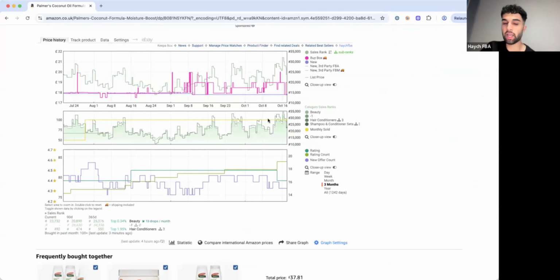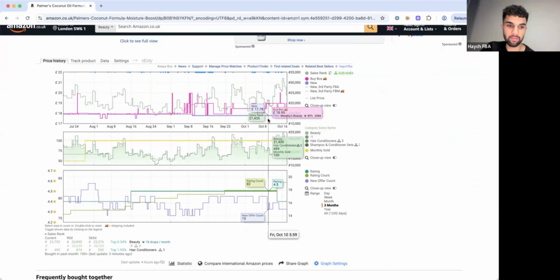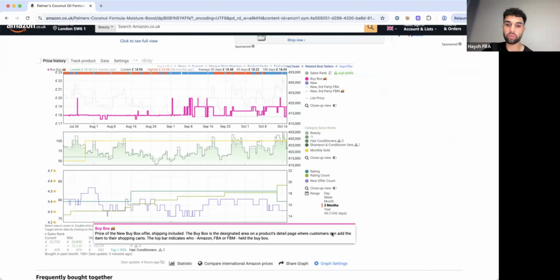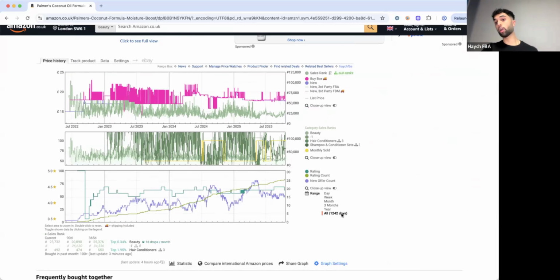Now, something else I would look at is obviously our Keepa graph. Very, very important. All this data which Keepa gives us, and I do have a lot of videos on my YouTube channel about Keepa and how to use it, because it's the most in-depth and advanced Amazon analysis software out there. Some things I look at here are the buy box price and fulfillment type, and how these listings perform at the offer that we'll be bringing to the listing, because that's all that matters at the end of the day.